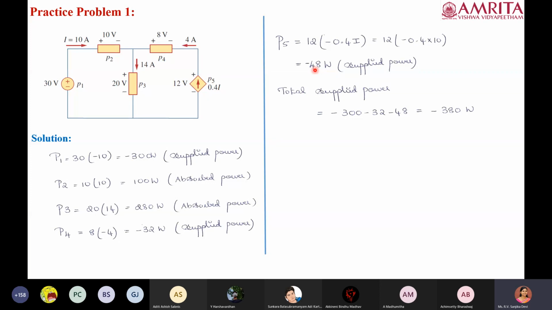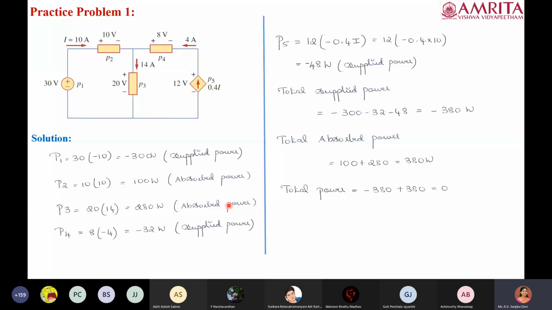And what about the absorbed power? It is 380. Yes. If you sum up the supplied power and the absorbed power, the total power comes to 0. So the minus supplied power is equal to plus absorbed power.